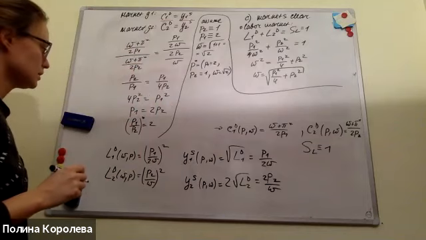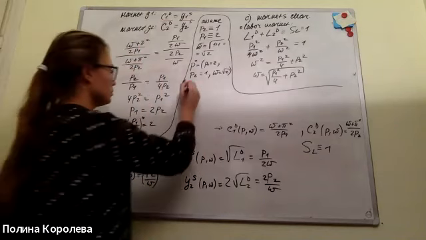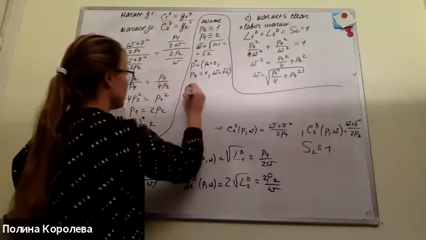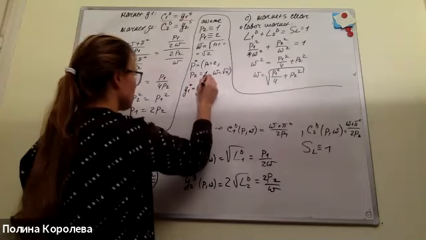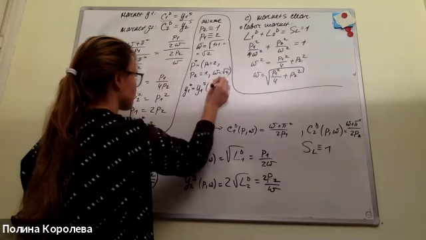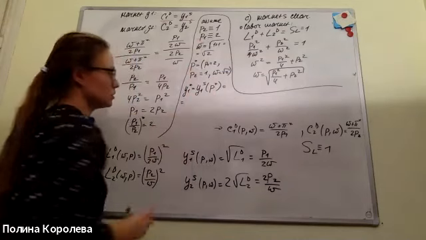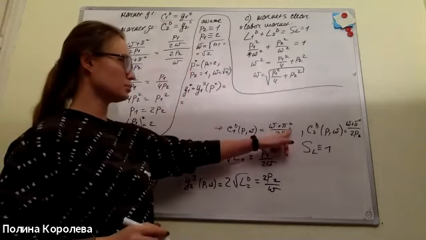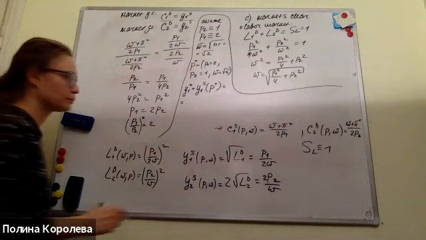I think it is easier to find it from the firm. So Y1 star will be equal to, put all these prices into the supply function, because for demand we need to count the profit, and I don't want to do it.